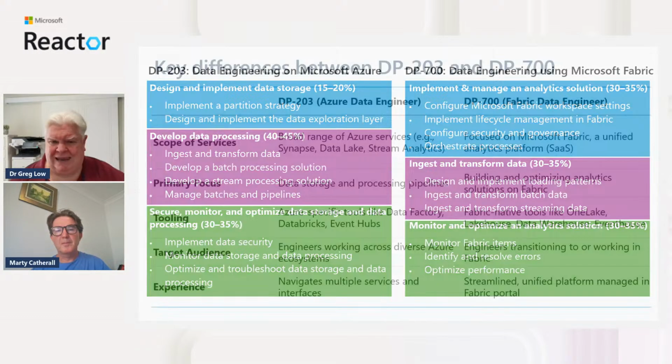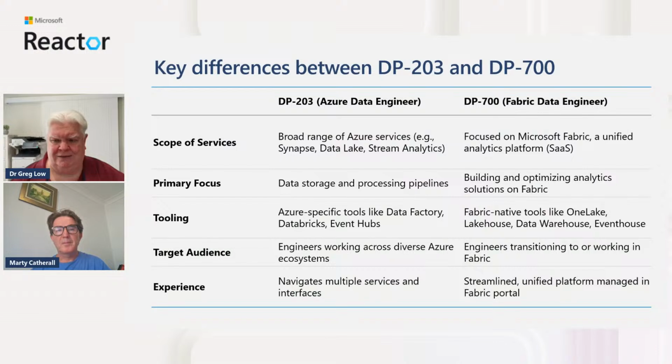And so if we look at the key differences between those, 203 was covering a broad range of Azure services and focusing on data storage and processing pipelines and how you do security across a lot of the tools. And of course, every one of these products that it was working on is still a current product.